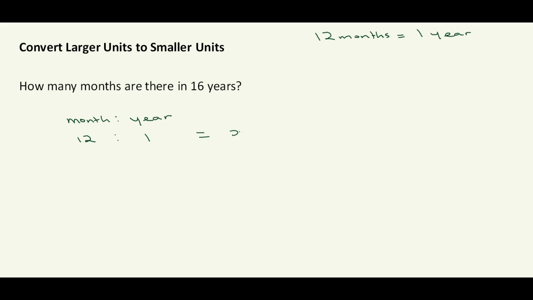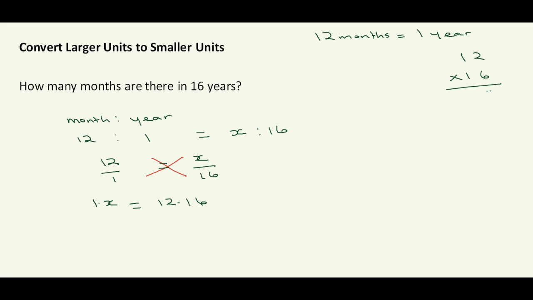This is going to give us x to 16. Now we create our fractional relationship, and next step is we do a cross product over here, and so we have 1 multiplied by x is 12 multiplied by 16. So let's do that right here. 12 multiplied by 16.